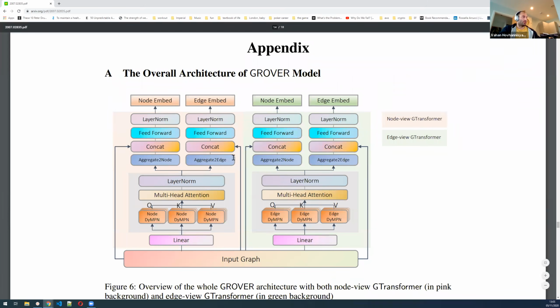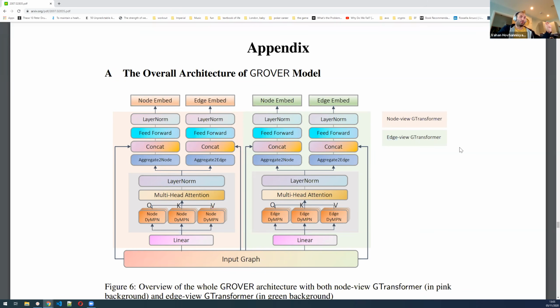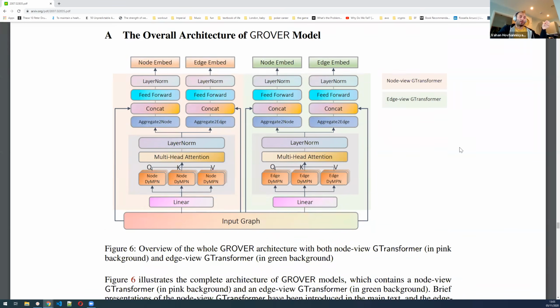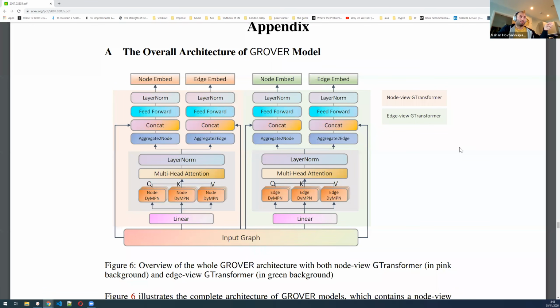So the difference here, as you can see, is the same thing, but in the transformer, you can have this so-called node view or edge view, right? So the edge view, you change the view and then work with the edges as in the aggregation, right?